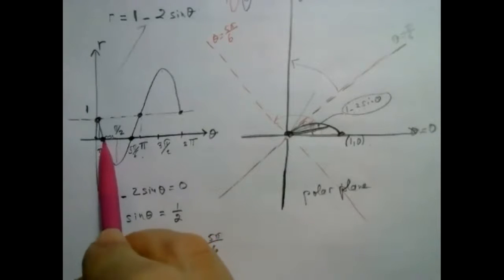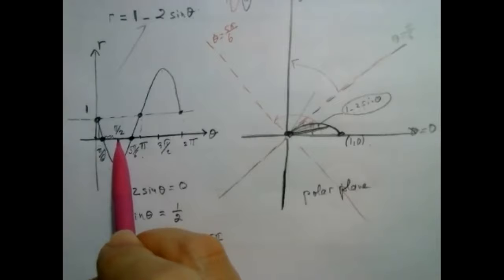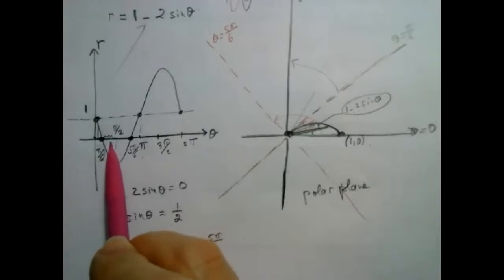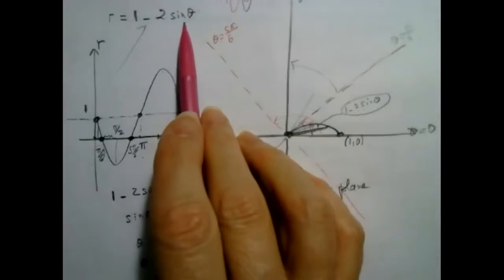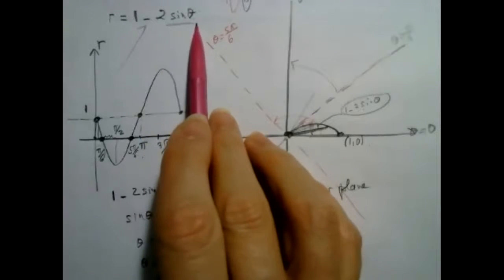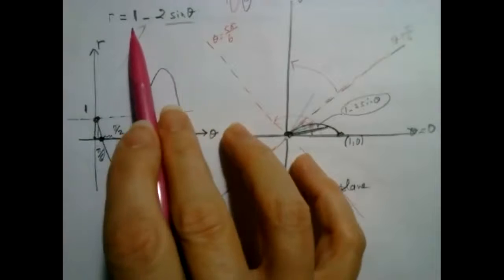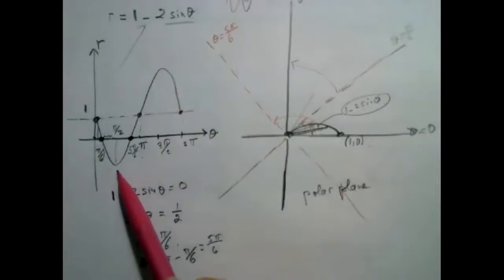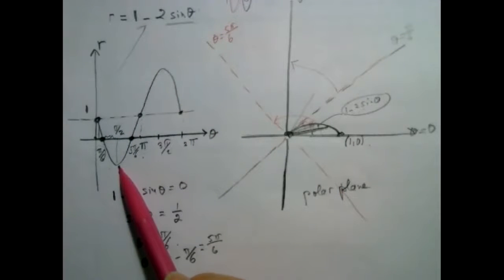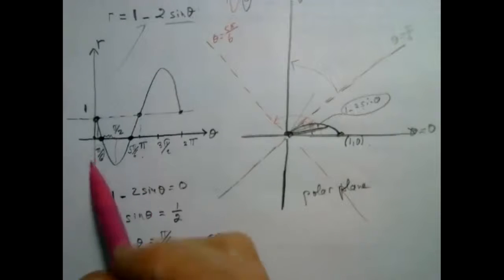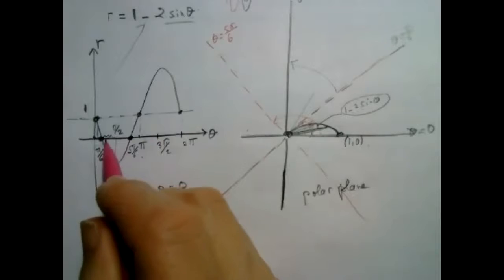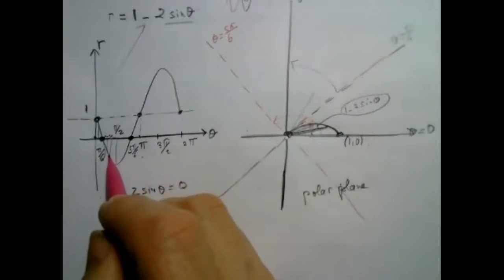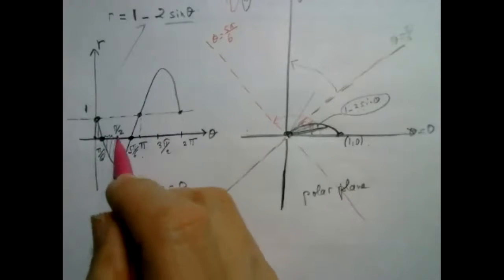Between pi over 6 and pi over 2, what values is r taking? If I plug in a value of theta between pi over 6 and pi over 2, will r be positive or negative? Negative. You guys are very reluctant. That's your graph. If you take r from here to here, the value of r is going to be negative.